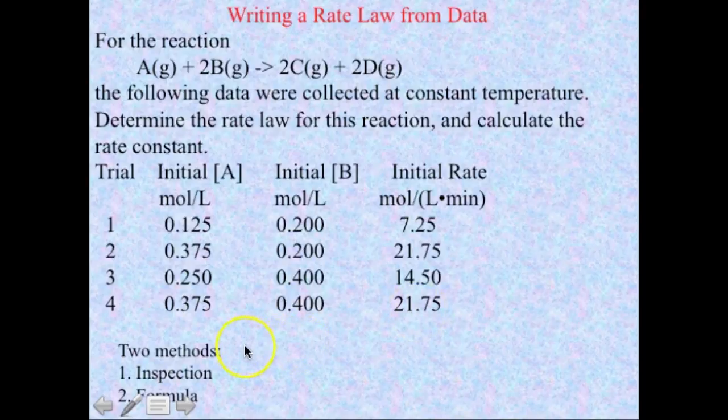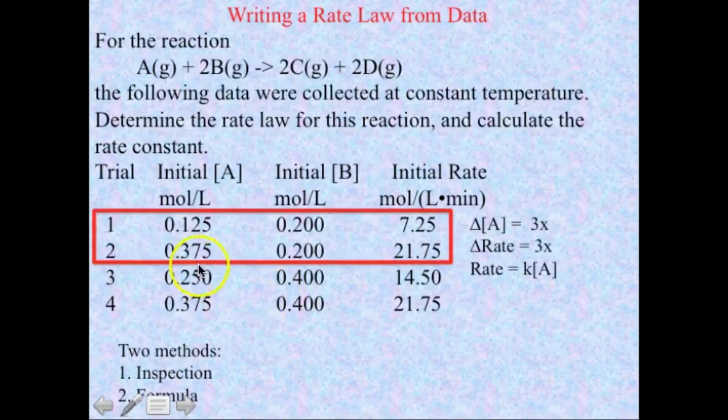Well, there are 2 methods to develop a rate law from these data. One is by inspection, and the second is by formula. Let's look at the inspection method first. What we must do is find 2 trials in which only one component changes and the other stays the same.